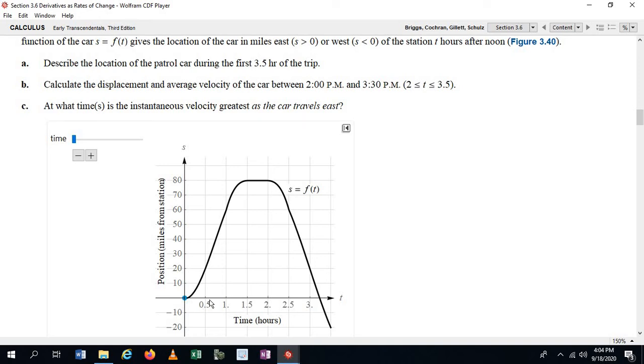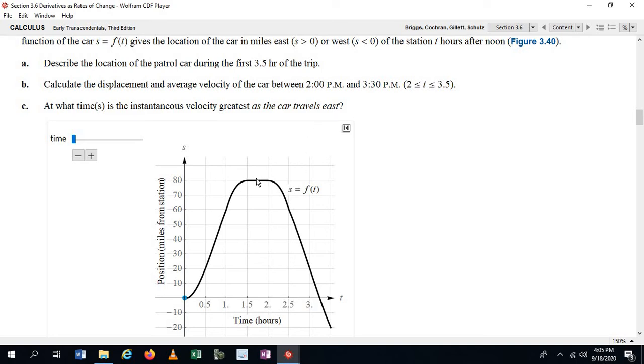It looks like for the first hour and a half, the object at time 0 is at position 0. Then its position is getting bigger and bigger and heading towards 80. So it's heading east initially. It starts off at 0, which is where the police station is, and then it heads towards a position of 80 for the first hour and a half. So it's heading east the first hour and a half.